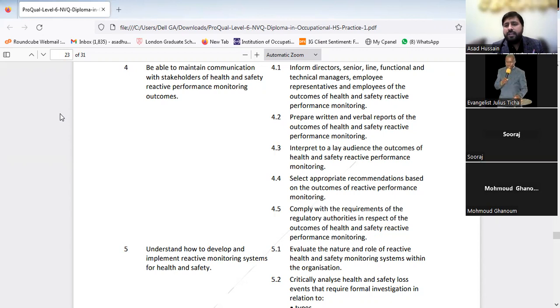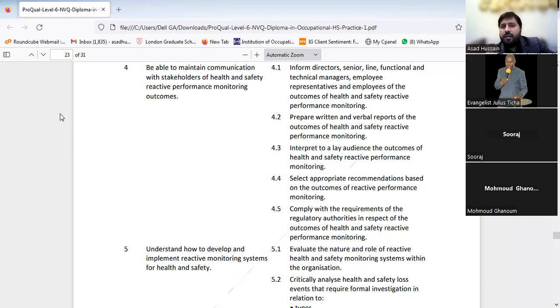If we have achieved something with the help of those reactive monitoring systems, and our reactive techniques are performing well, then we have to share the information with all the shareholders, all the stakeholders, all the interested parties.